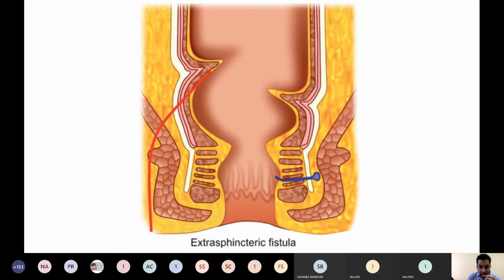Now we have extrasphincteric, wherein both internal sphincter and external sphincter are spared. Here the source is much higher up. It spares both your external and internal sphincter, traverses through the levator ani or puborectalis, and makes its way through subcutaneous tissue, eventually ending up in the skin.